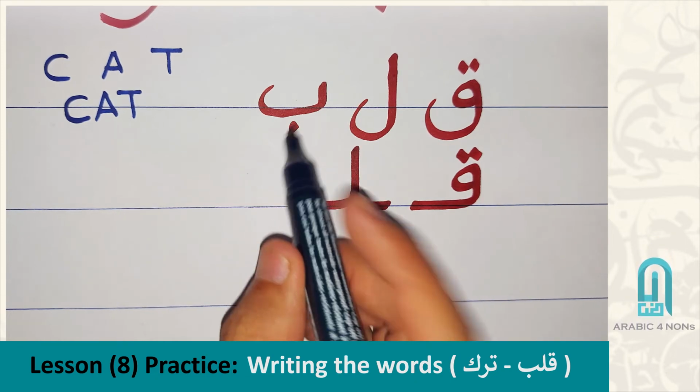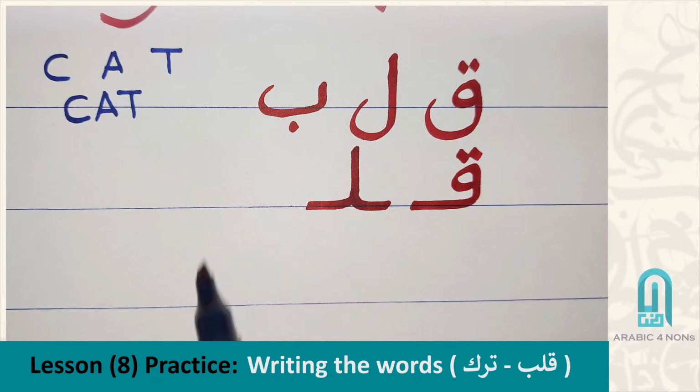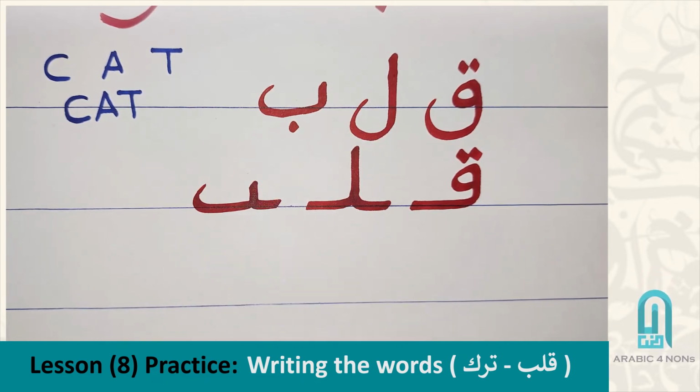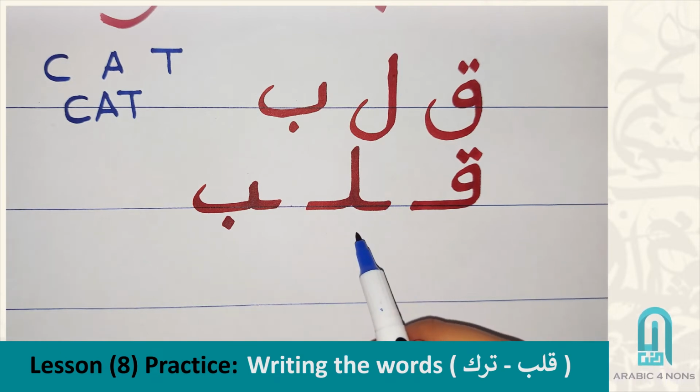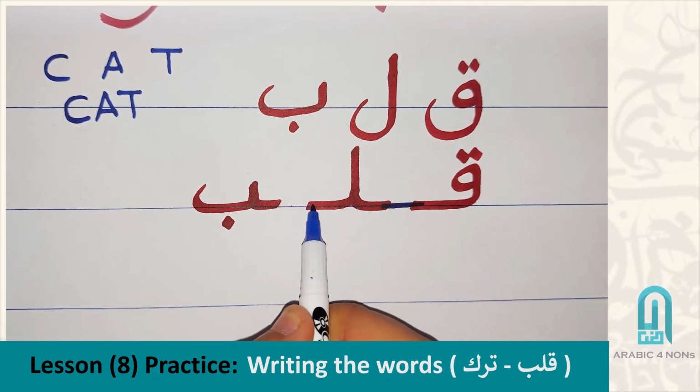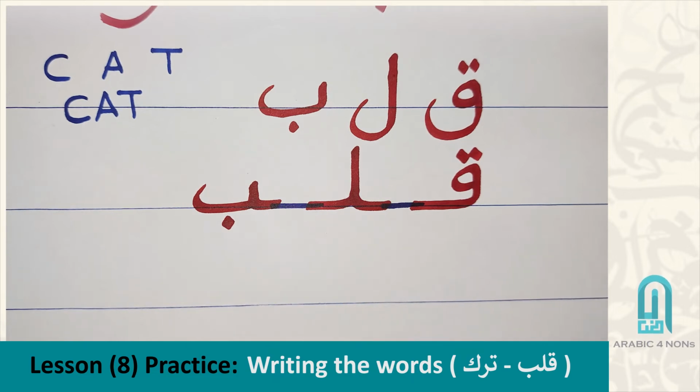And the last one is only joined from the right, so we only stretch a line to the right side. So what is remaining? Joining. We will join only these horizontal lines together, and finally we get the word.